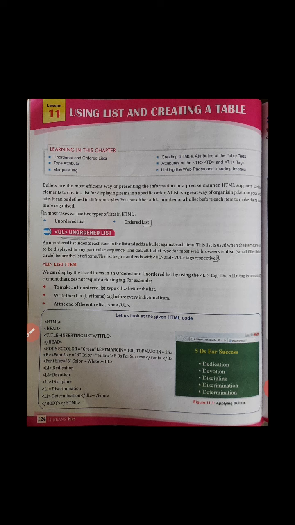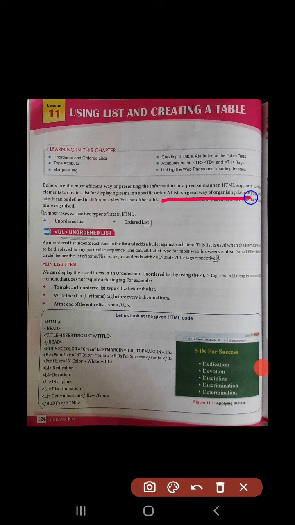Whenever we have to go shopping, we prepare a list. Why? Because when we go through a list, it is a well organized way. So list is a great way of organizing data on your web page. Keep writing these definitions in your copy.